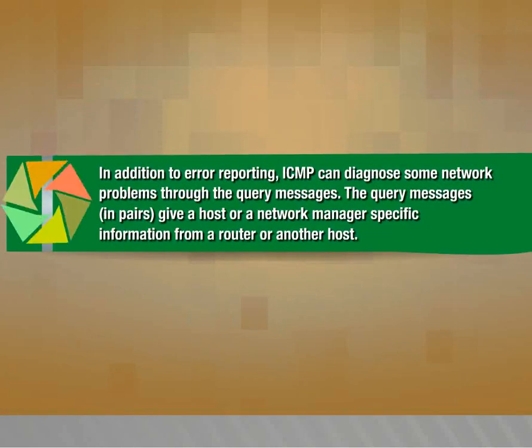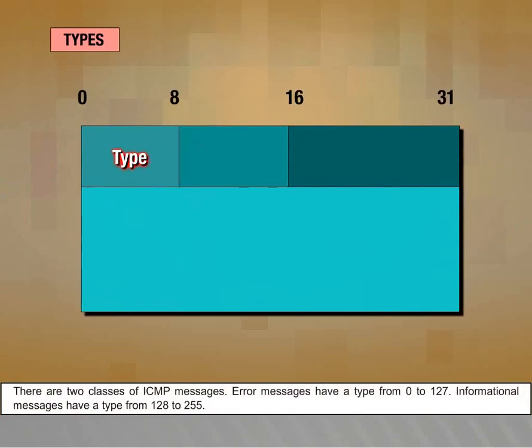In addition to error reporting, ICMP can diagnose some network problems through the query messages. The query messages in pairs give a host or a network manager specific information from a router or another host. Types. There are two classes of ICMP messages. Error messages have a type from 0 to 127.